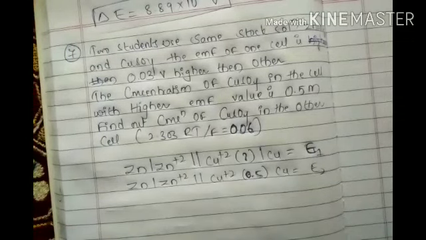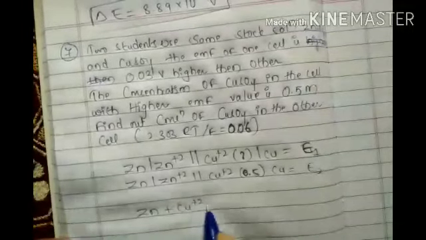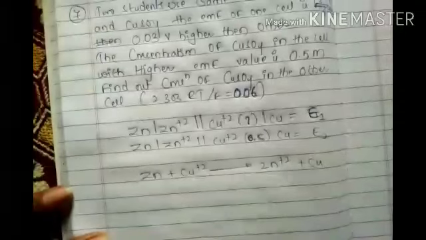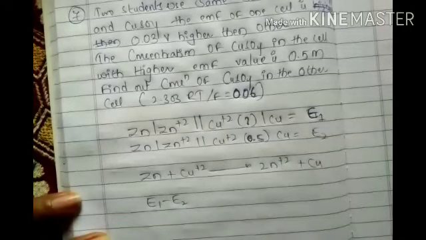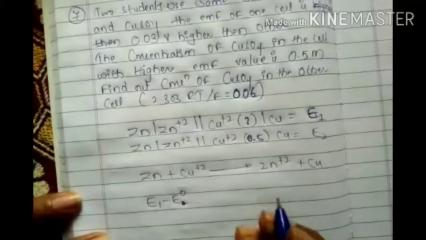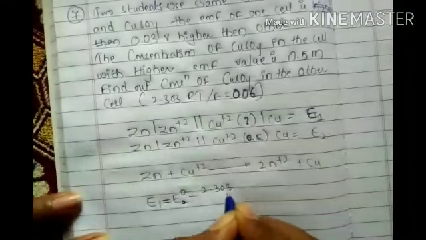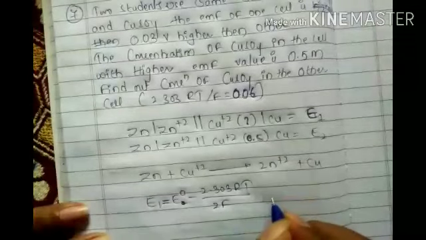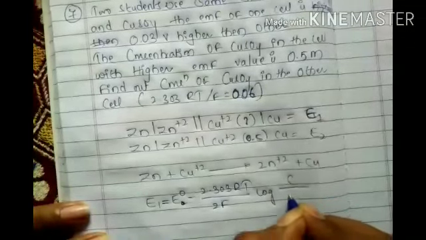Okay. Now Zn plus Cu plus 2 gives Zn plus 2 plus Cu. Everybody knows this. So E1 equals E0 minus 2.303 RT by 2F log of concentration by Cu plus 2.